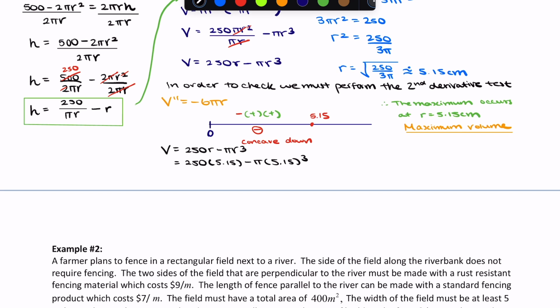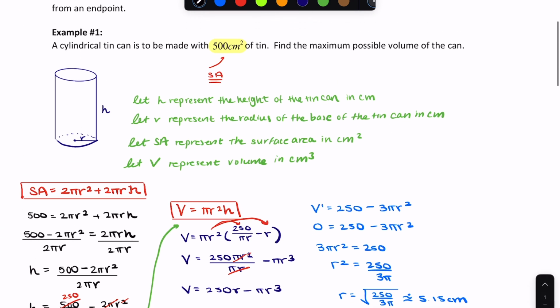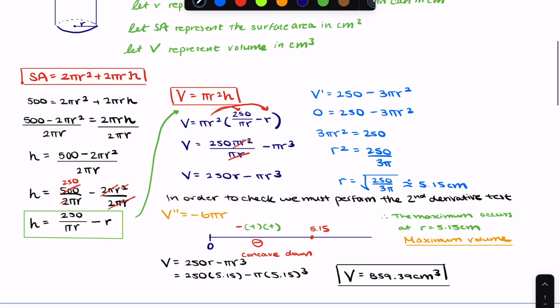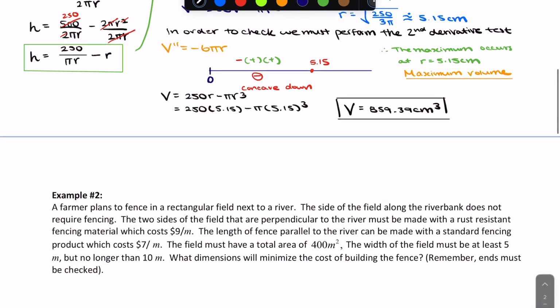And calculating that, we get volume is equal to 859.39 centimeters cubed. And so again, the maximum possible volume of the can would be 859.39 centimeters cubed when the radius is equal to 5.15 centimeters.